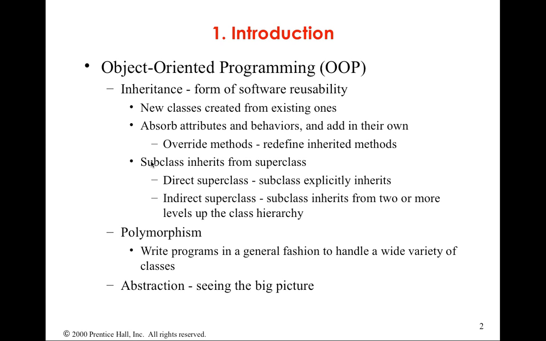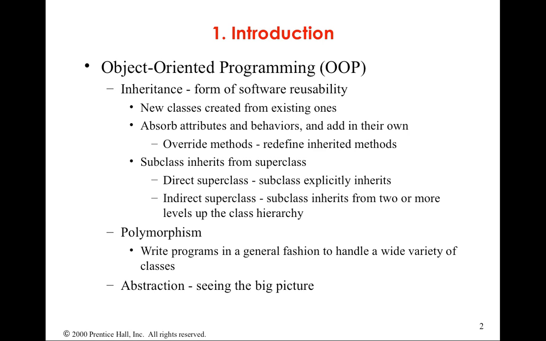Polymorphism was also covered in this course, and that's the P in the PIE. Polymorphism is writing programs in a general fashion to handle a variety of different classes. By this basic definition, it is nothing more than being able to use things in a generic fashion, whether you're using a class or an object polymorphically, which gives you a wide variety of different options to apply towards one concept.